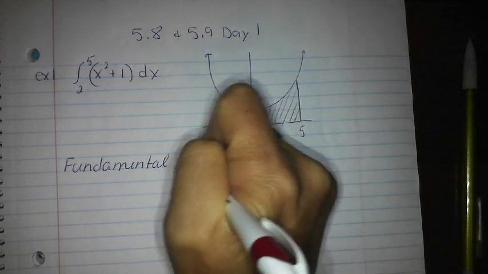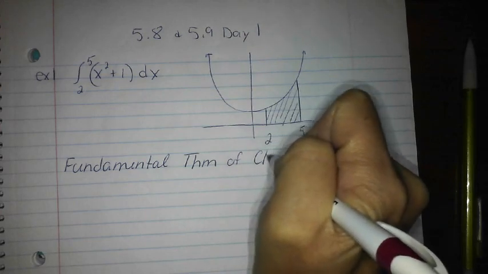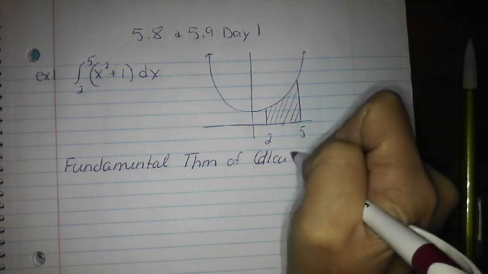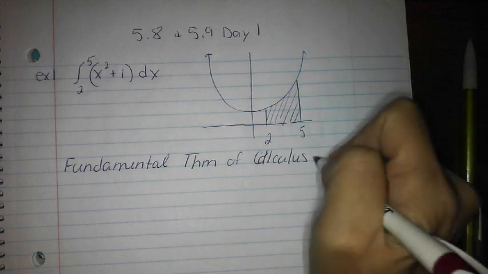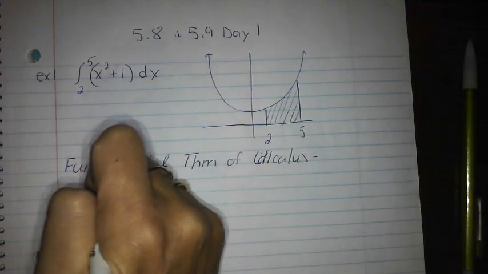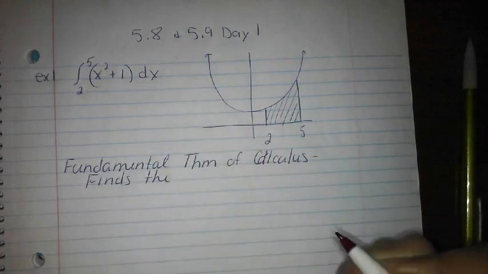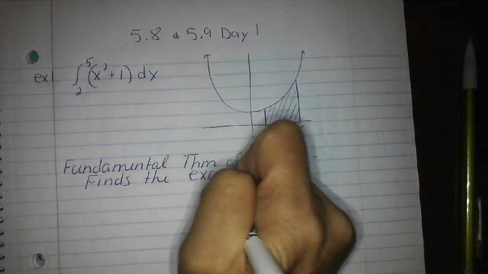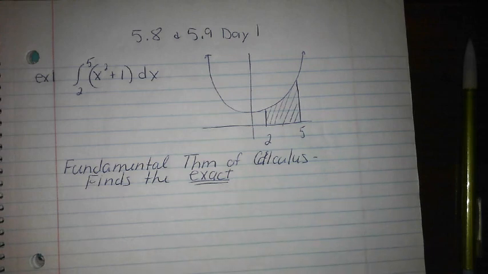Fundamental theorem of calculus. What it does is it finds the exact, and here's key, we've done a ton of approximate areas under the curve, but this way is going to find it exact.